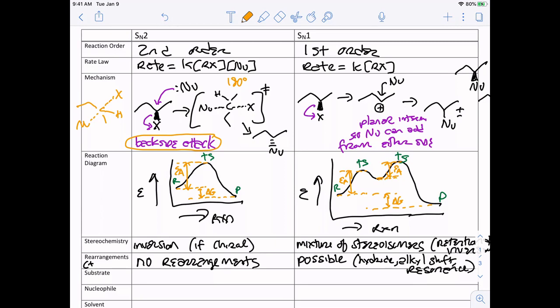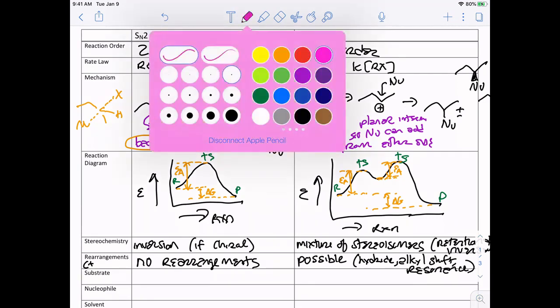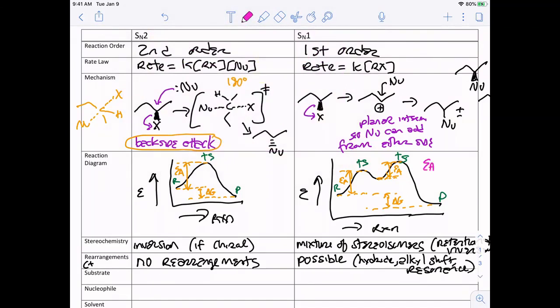Our first step is our rate determining step. So make sure that EA1 is greater than EA2. The bigger the activation energy, the slower the step. The first step is my slowest step. It's the rate determining step, so it needs to have the bigger activation energy when you draw this.